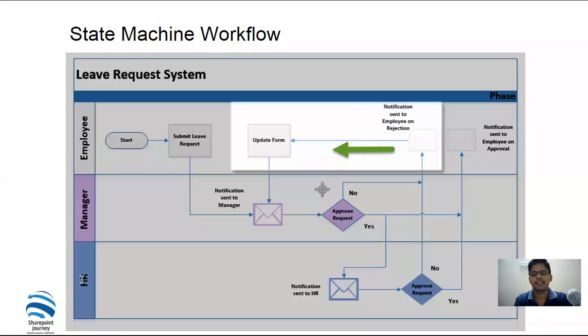Even at the HR level, if I wanted to send that back to the employee, if you see this condition, which is the 3rd level in this case, when I reject it, I'm still sending a notification to the employee saying that this was rejected, please go ahead and update the form. So he will update the form based on the feedback or comments provided by the next levels. There is no limit on the number of levels that you can take back. It depends on your requirement.